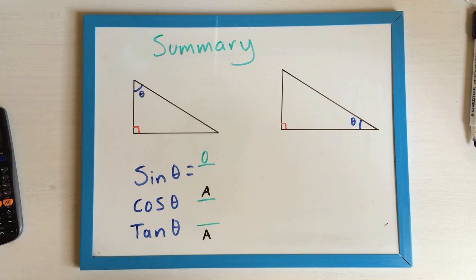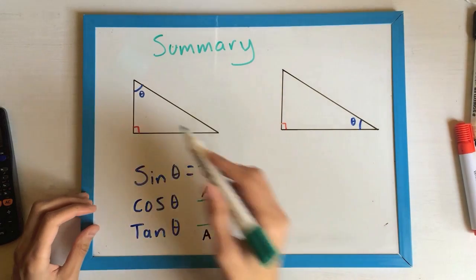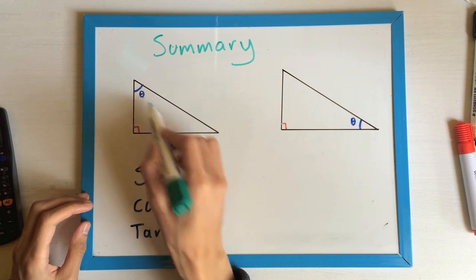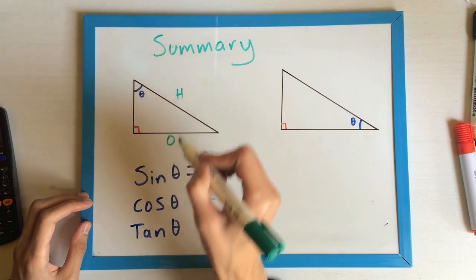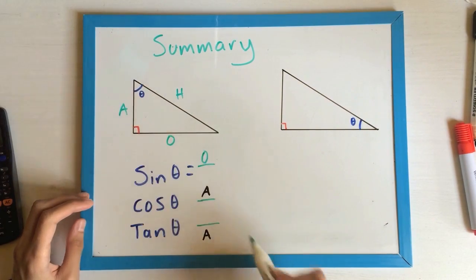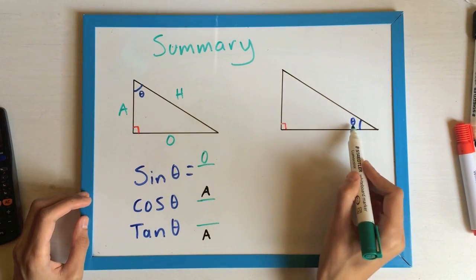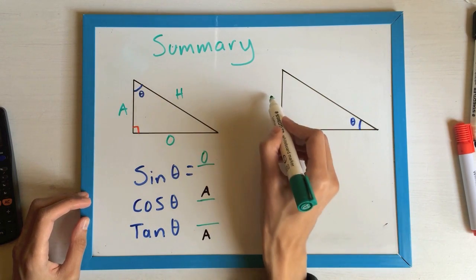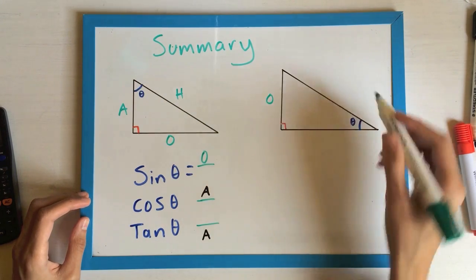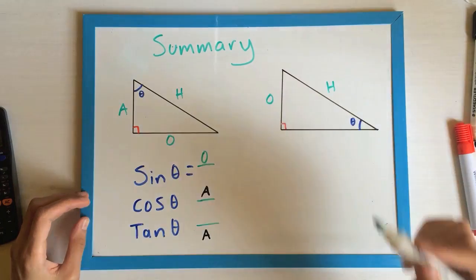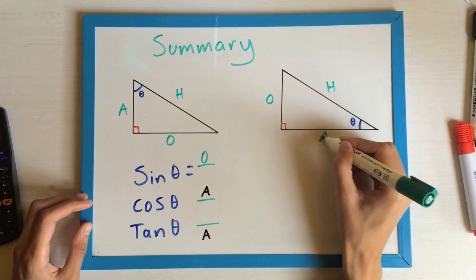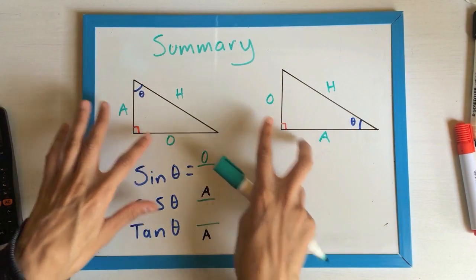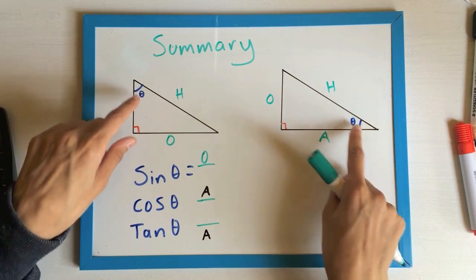So just as a quick summary, just remembering how to identify our side. The side opposite our angle is our opposite. The longest side is the hypotenuse, and this is the adjacent. If we're looking at this triangle now, the opposite is now this side here. The hypotenuse is always the same, keep that in mind, and the adjacent now becomes this one. Notice how these two have swapped because our angles are relative.